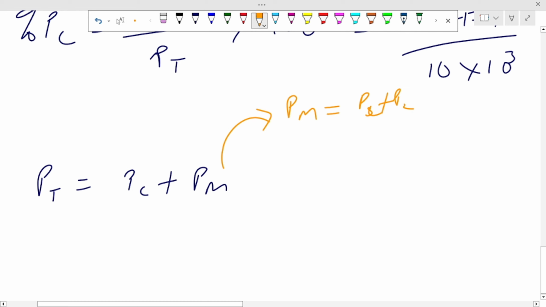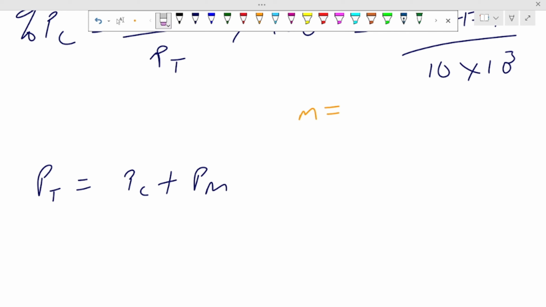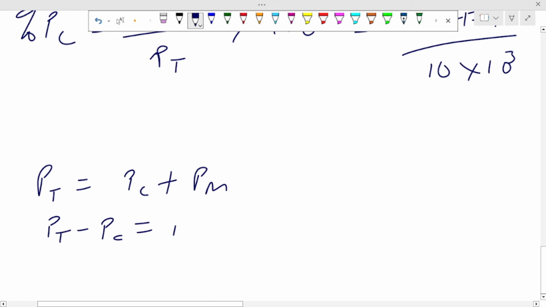So what you do, you calculate your power for the message signal and then divide it by 2. That will be it. So that will be your P total minus PC. That will give you PM.